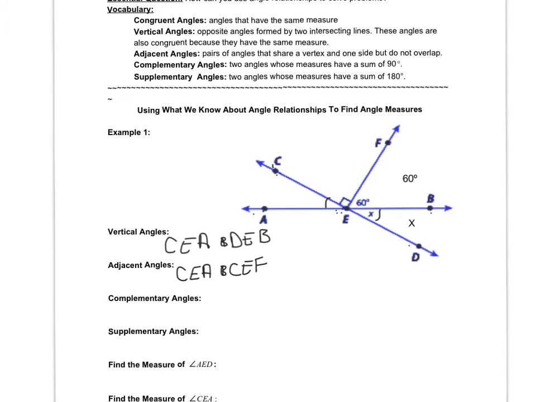Now I have to look for complementary angles. And remember, as we've talked about in class, complementary, the letter C comes before supplementary, the letter S. Complementary is 90, supplementary is 180 degrees. So complementary angles, we're looking for two angles that combine to make 90 degrees. So we know that this mark right here at point E represents 90 degrees.